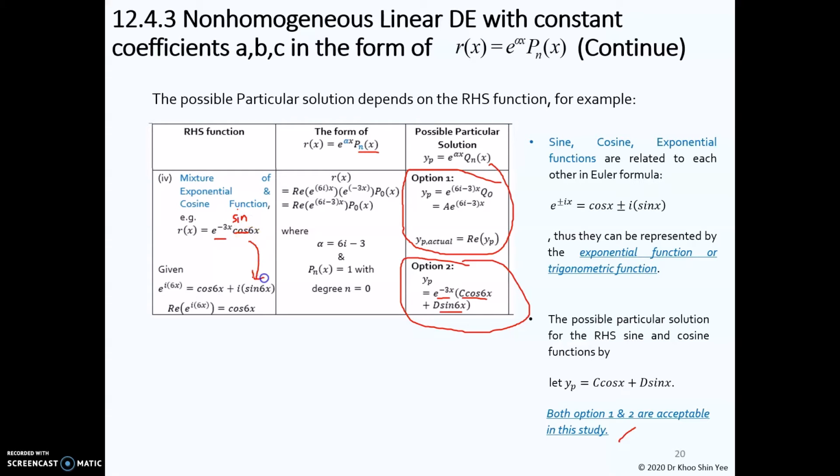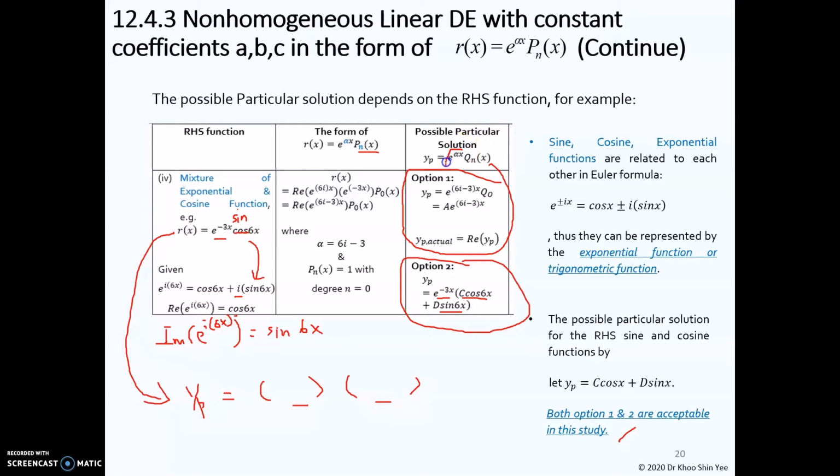From the Euler formula, you know that the sin 6x is located at the imaginary part. So take the imaginary part of the exponential i6x, it gives you the sin 6x. Therefore, from here, you can propose your particular solution based on two functions.